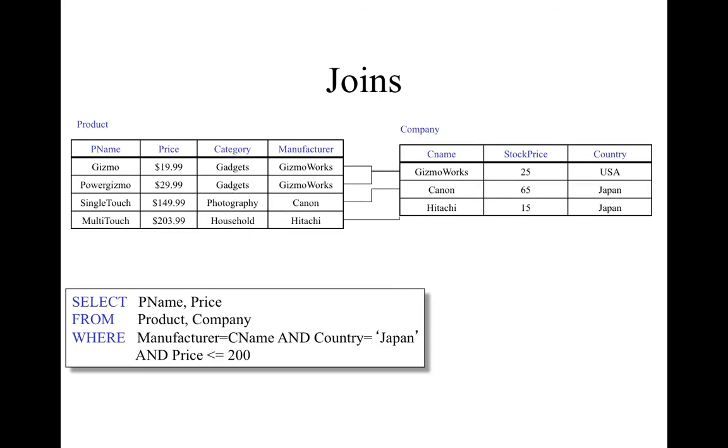Again, this is another example showing the product and company tables, selecting product name and price from product and company, using the join between the manufacturer and the company name, as well as the country being Japan, with a price less than or equal to 200. And here's how you would see the resulting data.